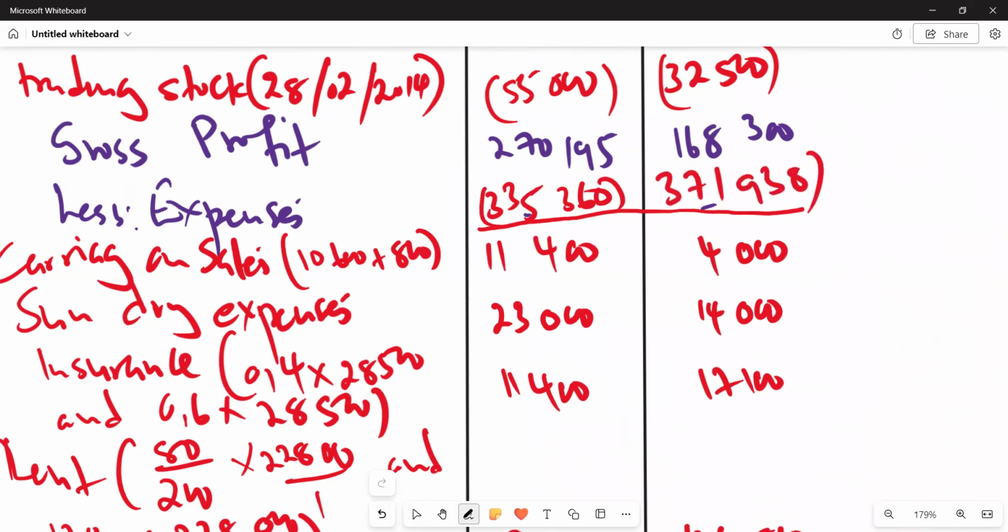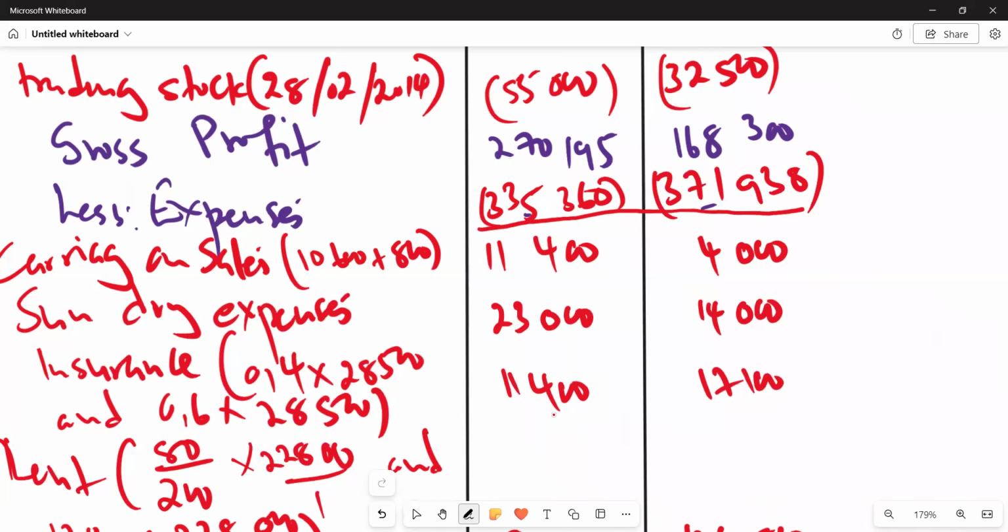We subtract again from the figure for gross profit. So by mere looking, you can see that the figures that we are having for expenses in both columns are greater than the figures that we have for gross profit. So basically, it means we are going to have a negative figure. If you say gross profit minus expenses, we get a negative figure.